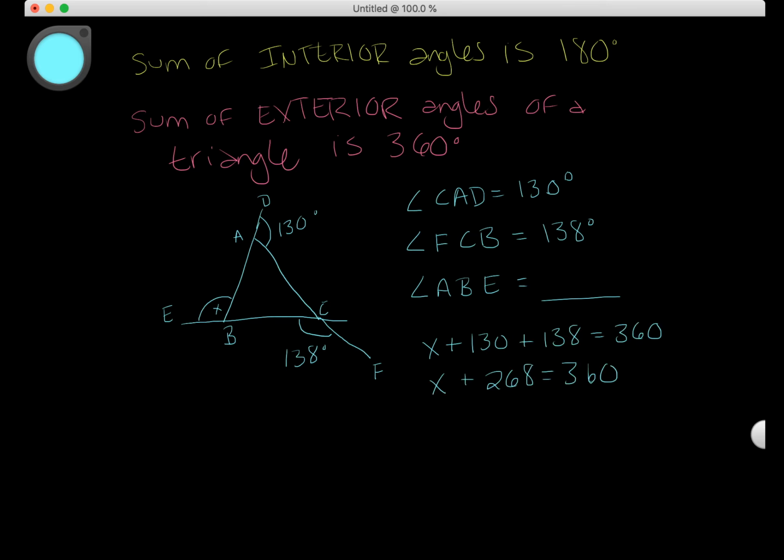We move the 268 to the other side: 360 minus 268. So therefore x equals 92 degrees. And we can say that angle ABE is 92 degrees.